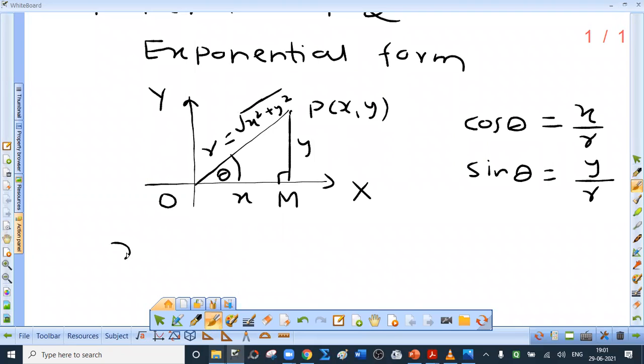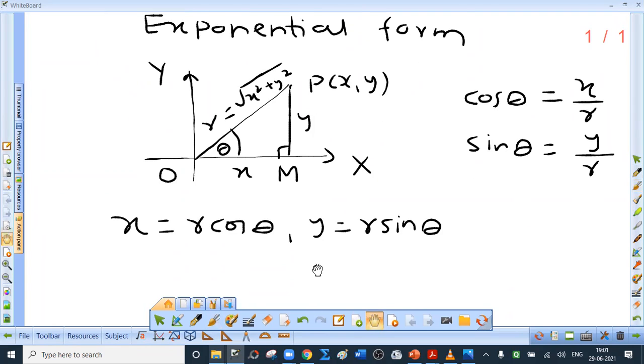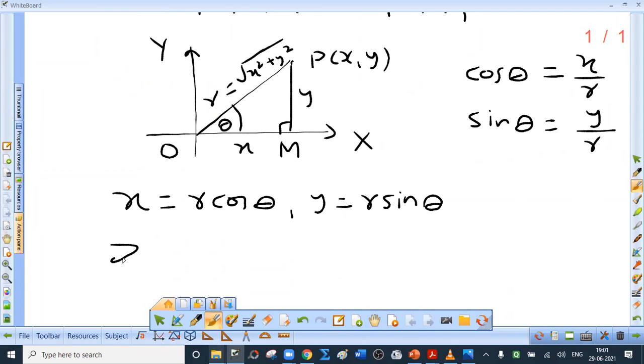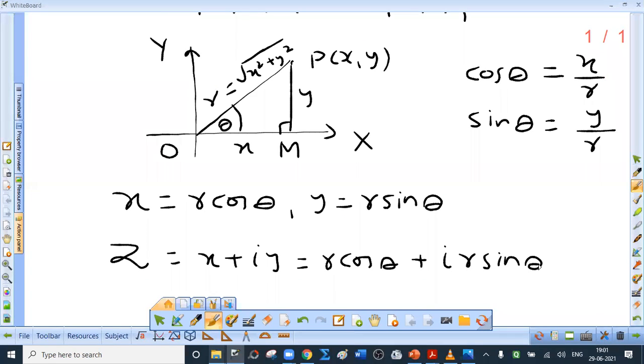Rearrange the terms. So x equal to what? R cos theta. And what is y? It is nothing but r sin theta. See, this is not at all difficult. Now, complex number z is what? X plus iy. So this is r cos theta plus i r sin theta.